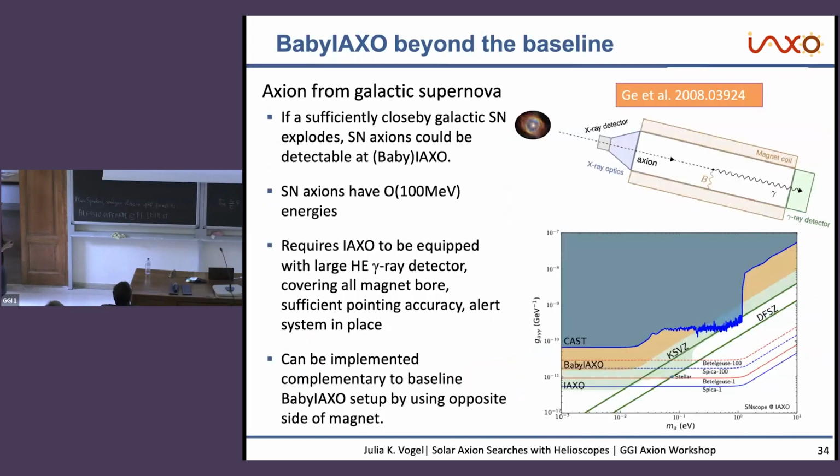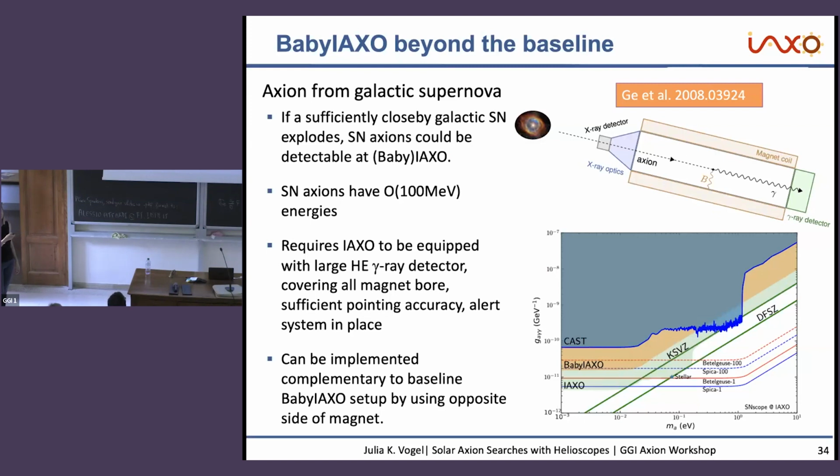I mentioned before that we could potentially look for axions from a nearby galactic supernova. There are a few progenitors that are potential candidates for such a supernova. They've been studied by He et al. These axions would be in the range of gamma ray energies of around 100 MeV. So what we would need is different detectors, obviously, because we're only sensitive in the keV range.